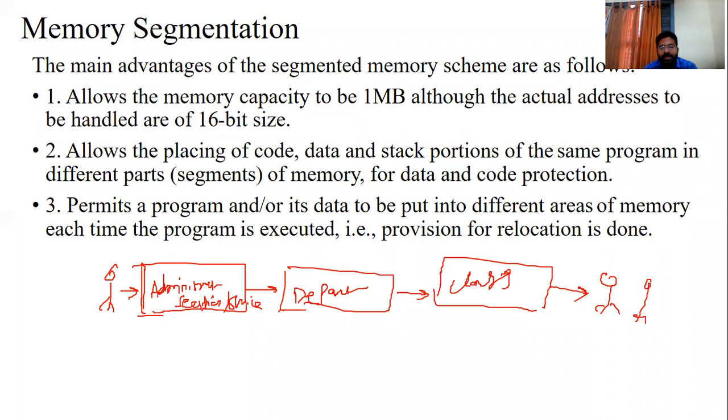The administrative section, you can call it the code segments. In the microprocessor course, you write the programming in human-level language, like add or subtract. You know that this is the copy instruction, this is the addition instruction, this is the subtraction instruction, this is the multiplication instruction, this is the division instruction.